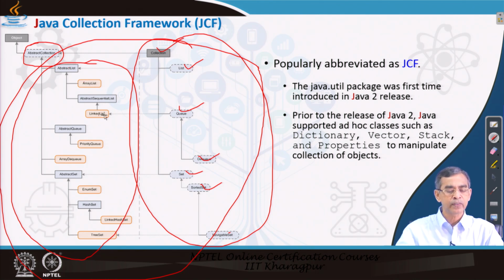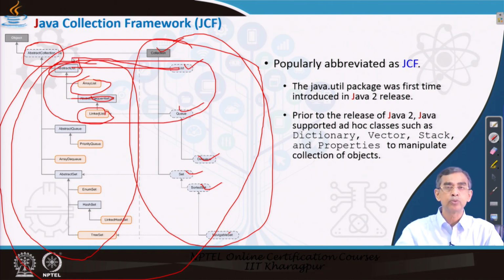In other words, linked list is a class whose superclass is an abstract class derived from abstract list. Array list is another class which extends abstract list. Now, abstract list is a class which implements the list interface. So, this is a very complex hierarchy which is used to realize the array structure and the linked list structure.